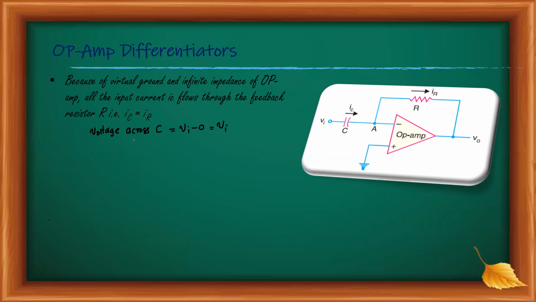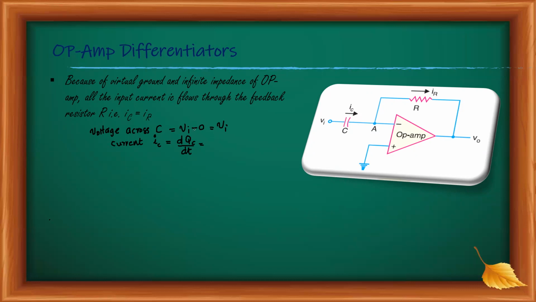And to find the current IC, IC is equal to what? IC can be written as dQc divided by dt. QC is the charge stored in the capacitor, that must be equal to the capacitance into the voltage.